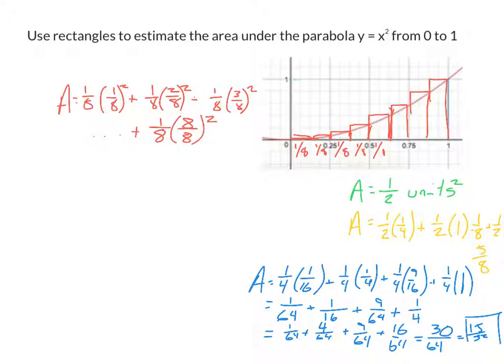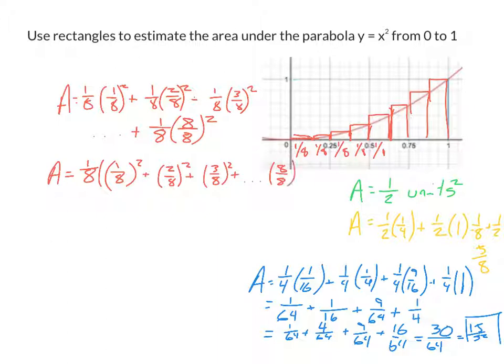Instead of evaluating all of this, if I factor out a 1/8 that's in common with everything, it's 1/8 squared plus 2/8 squared plus 3/8 squared, and so on until 8/8 squared at the very end. Or rather, I can look at this as 1/8 times 1 squared over 64 plus 2 squared over 64, and so on until we have 8 squared over 64.